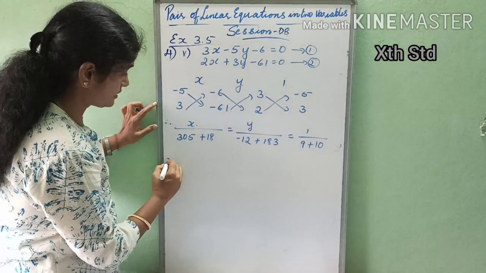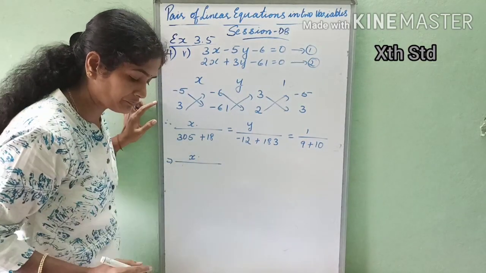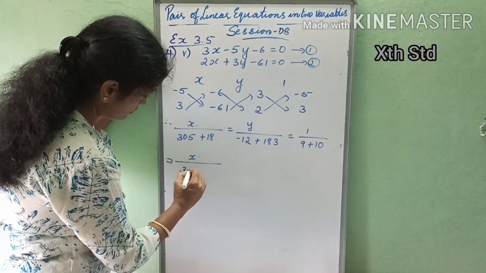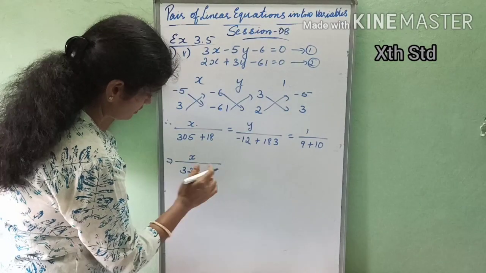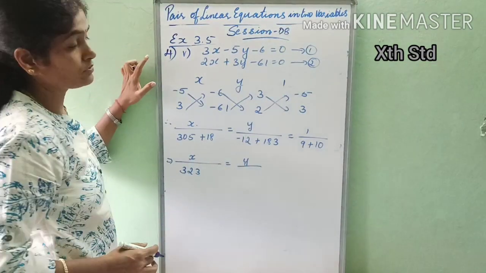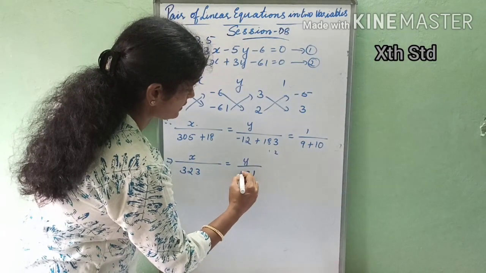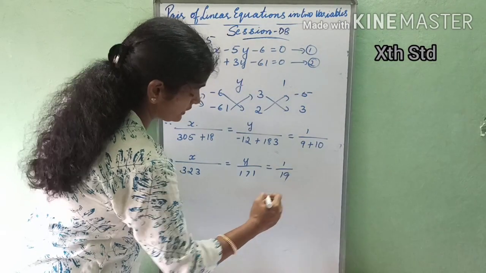Then simplify this: x by 323 equal to y by minus 12 plus 183, minus 12, this is 171, equal to 1 by 19.